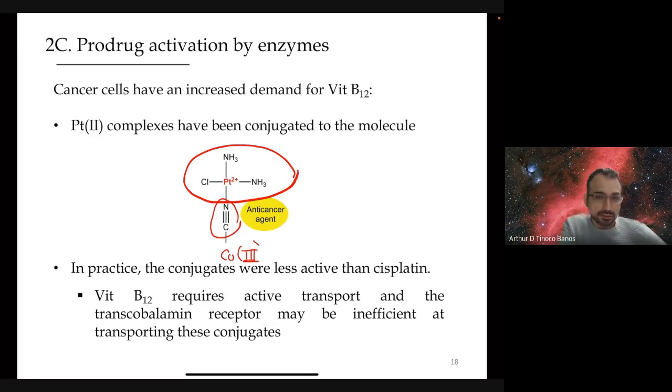All right, and so again, the idea is to deliver that platinum-2 into the cellular environment. However, in practice, the conjugates were actually less active than cisplatin itself. And here, it could have been because of the inefficiency of the receptors to transport the conjugates. So perhaps the receptors may be able to recognize and bind to the platinum derivative of the vitamin B12, but that does not necessarily mean that there's going to be greater efficiency in terms of uptake into the cellular environment.